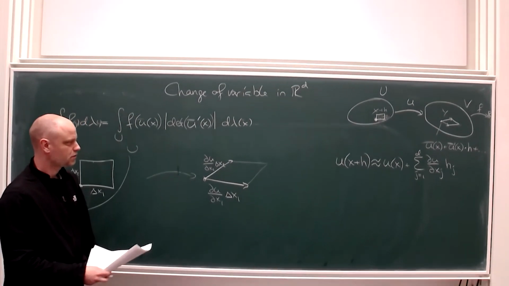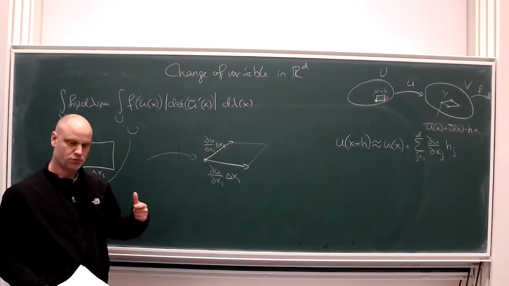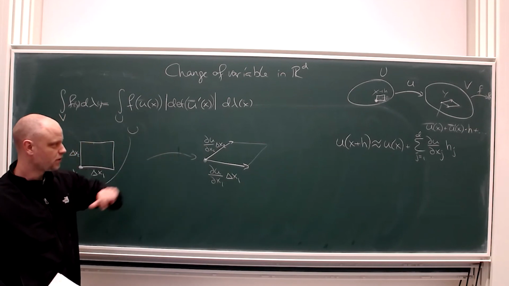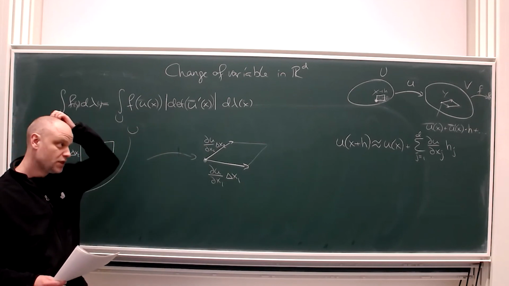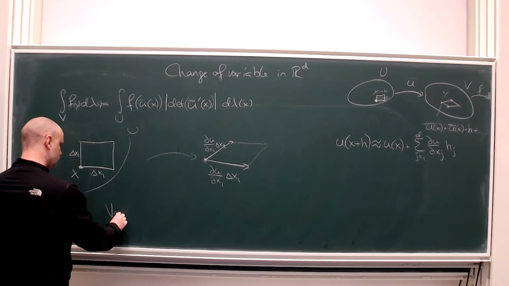So now this delta X has just rescaled the partial derivatives. So we actually get very small vectors. And now the question is, what is the volume? Well, let's use more proper notation.